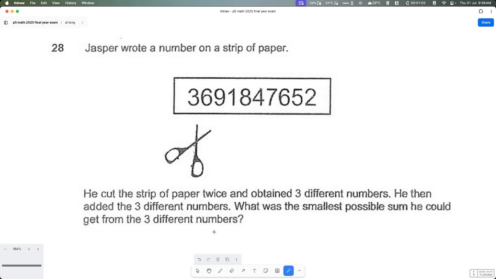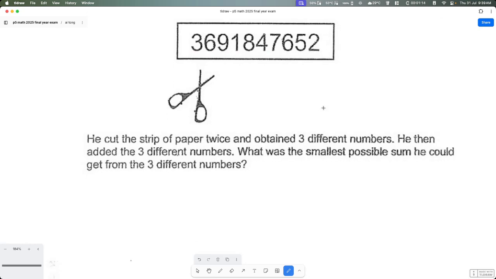Okay, first thing first, we need to count how many numbers are there. So you have 1, 2, 3, 4, 5, 6, 7, 8, 9, and 10, right? So in essence, we have total numbers is 10.